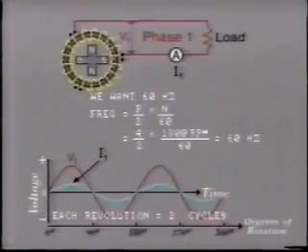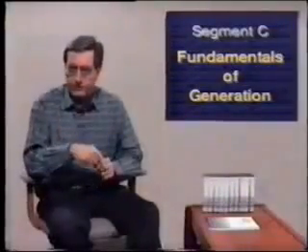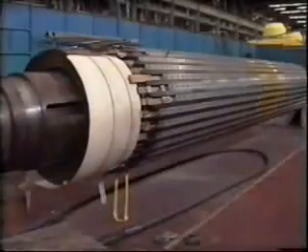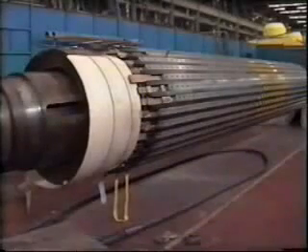Therefore, N equals 1,800. The 4-pole machine must run at 1,800 RPM to produce 60 hertz. You can see that the required speed of the generator depends upon the frequency and the number of poles on the rotor.